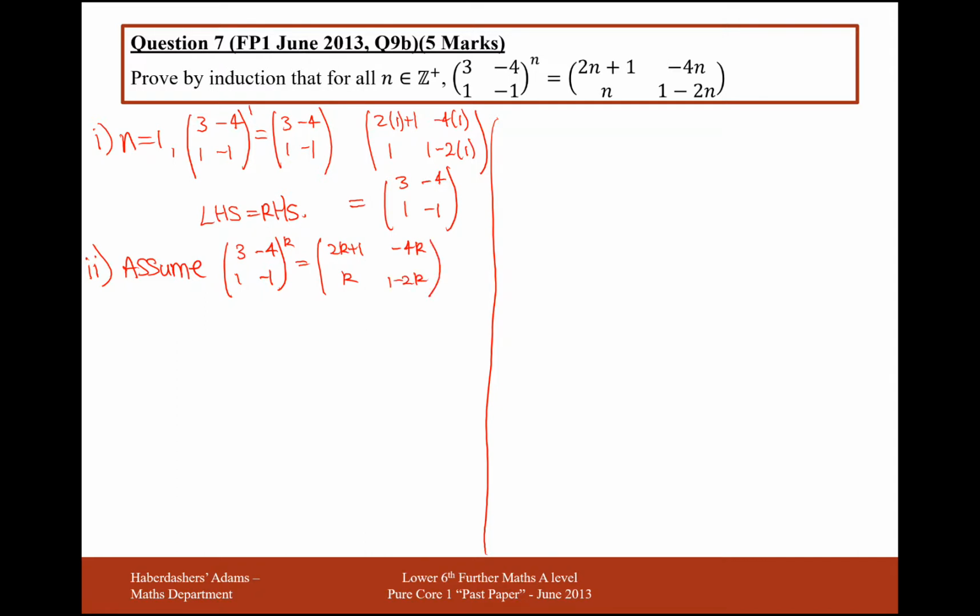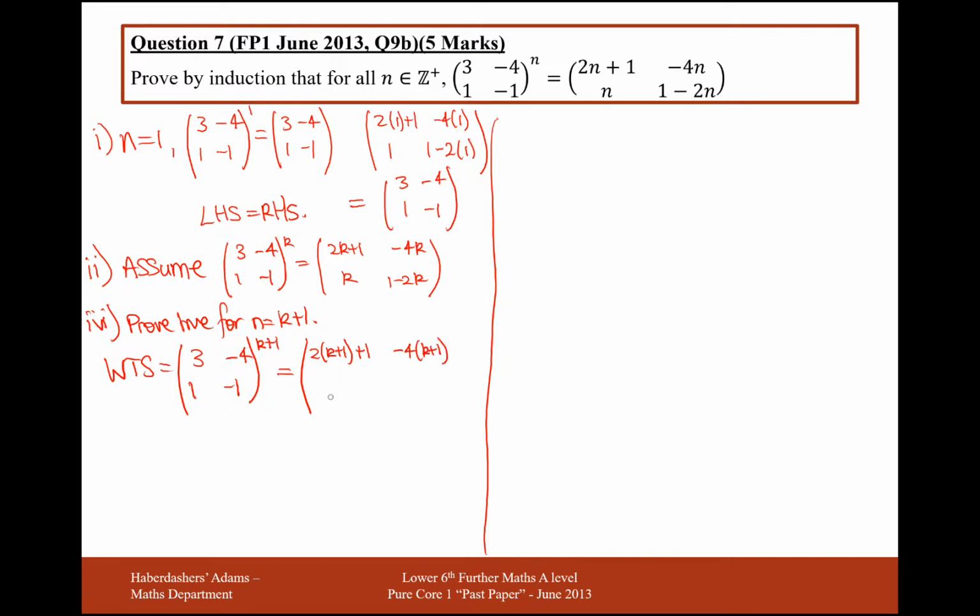Right, okay, so now's the challenging bit. Now's when we need to prove true for n equals k plus 1. So what we want to show here is that (3, -4; 1, -1) to the power of k plus 1 is equal to (2 bracket k plus 1 plus 1, minus 4 bracket k plus 1; k plus 1, and 1 minus 2 bracket k plus 1).